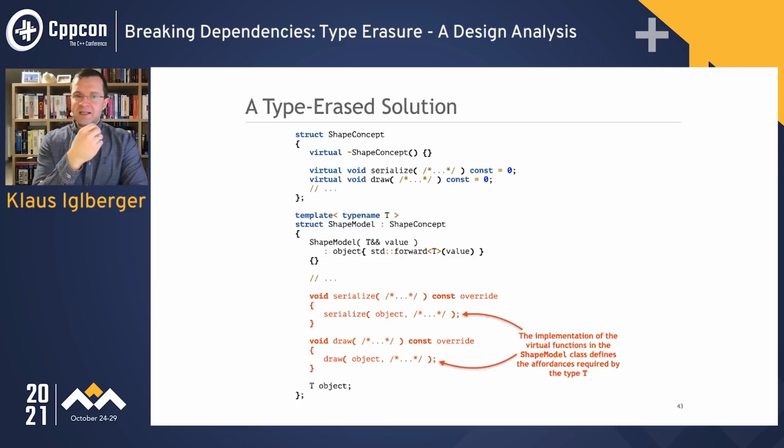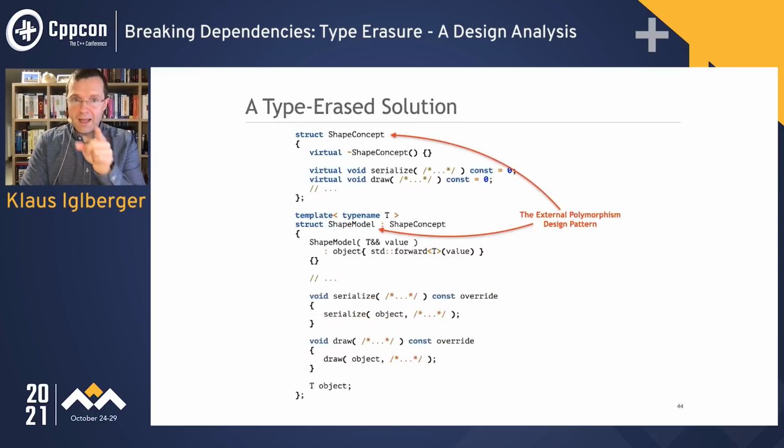And this is now basically the definition of the operations that I truly expect on the given type. I now specifically expect free functions, just because this, of course, helps you to much more cut dependencies. So this is basically the definition of the real affordances, the real operations that I expect on T.